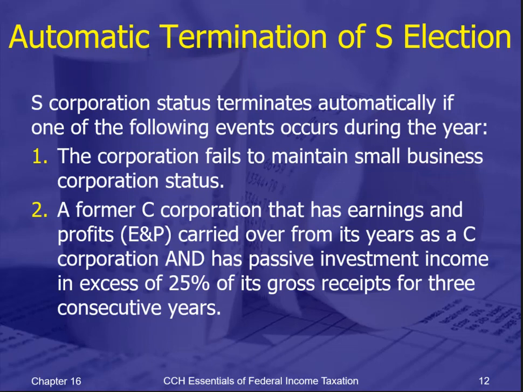If you screw up and have a second class of stock, or you allow a shareholder that is a corporation, or if you used to be a C corporation and have lots of passive investment income, any of those will cause your S election to be terminated because of the violation of the laws. And from that date, you become a C corporation again. So you can voluntarily choose to and actually choose the date you want it to happen, or it happens on the day that you violate the rules.